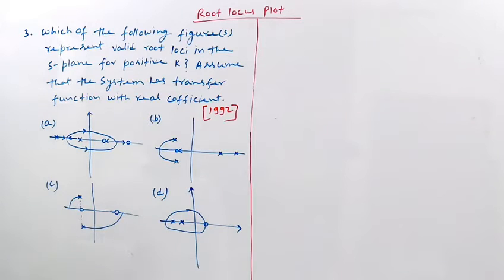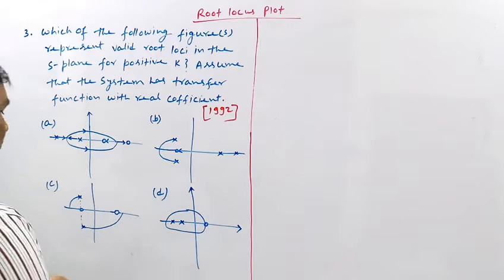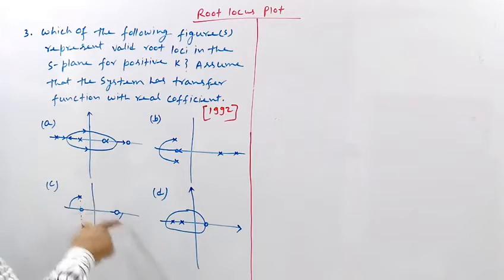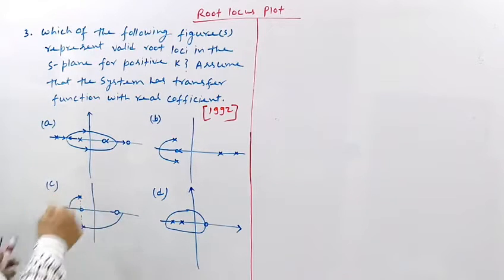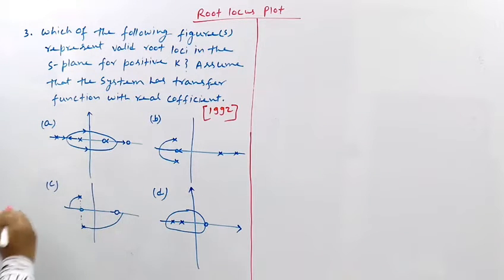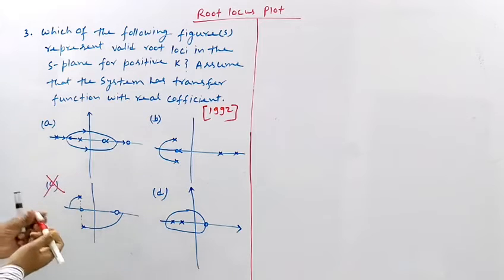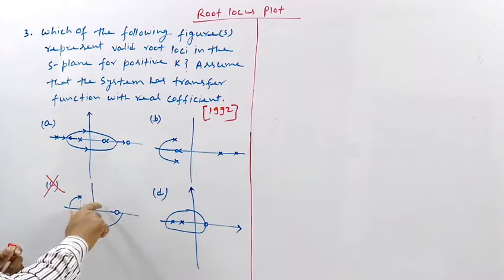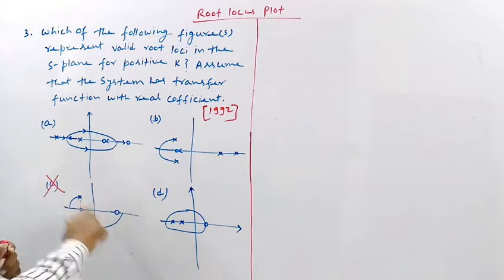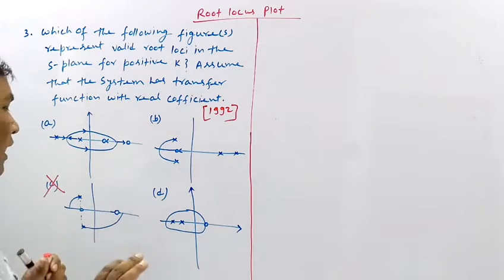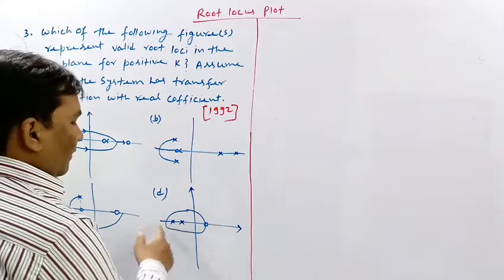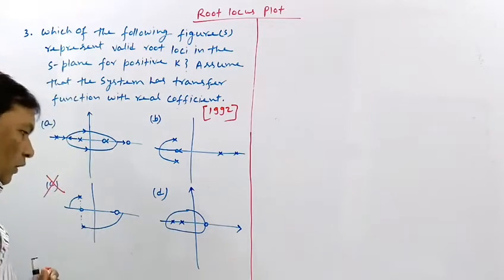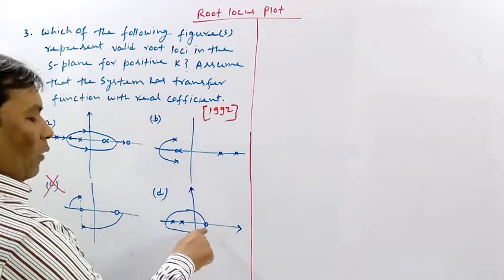So at first, this cannot be a valid root locus. Why am I saying this? Because the root locus is always symmetrical about the real axis, and this is the real axis, and this is not symmetrical about it. Again, here there are two poles and one zero.